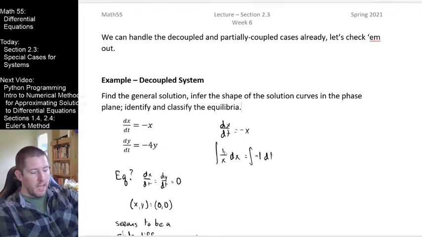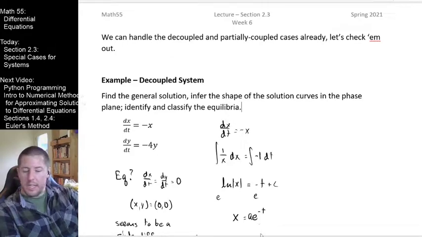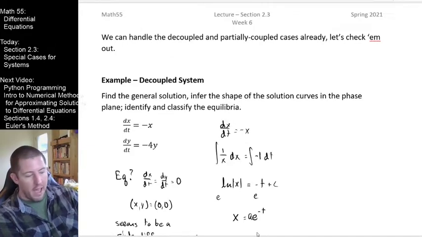We're integrating on both sides, and I'm seeing here natural log of x equals negative t plus c. Taking the base of e on both sides is going to lead me to x equals e to the negative t, and we certainly get our little coefficient there of a.